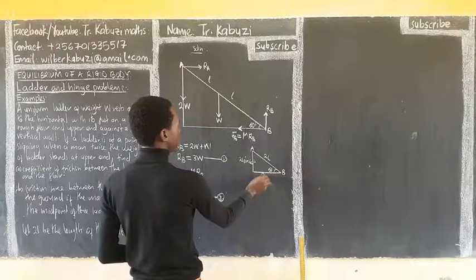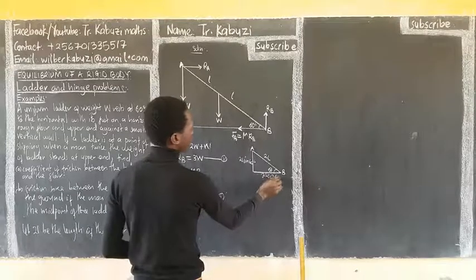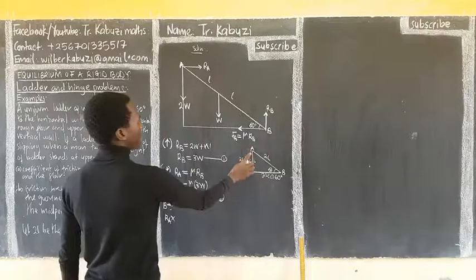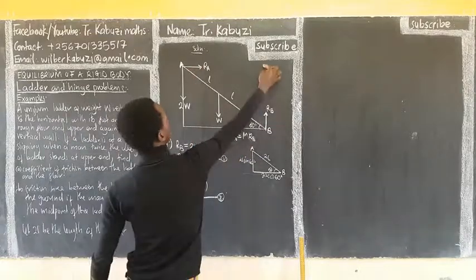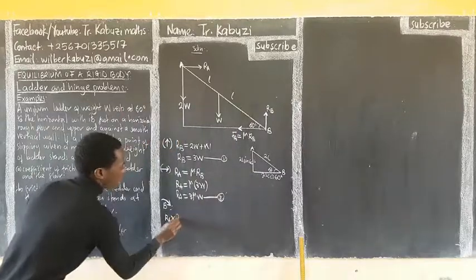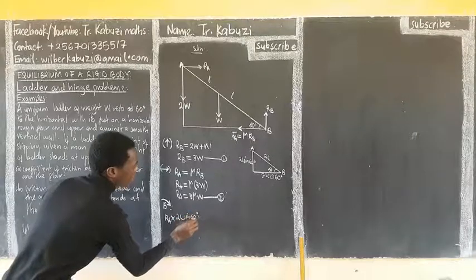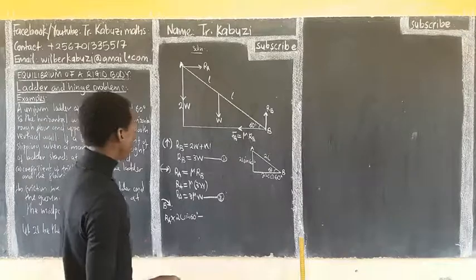And this horizontal one is 2L, this is adjacent, cos 60 degrees. So the perpendicular distance from here to this point is the same as from B to that point there. So I'm going to multiply RA by 2L sine 60 degrees. Now, that's the only clockwise force.